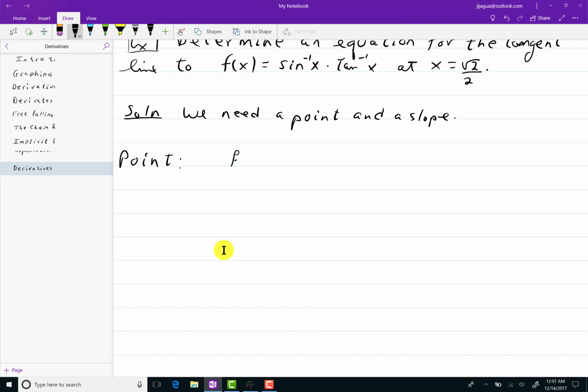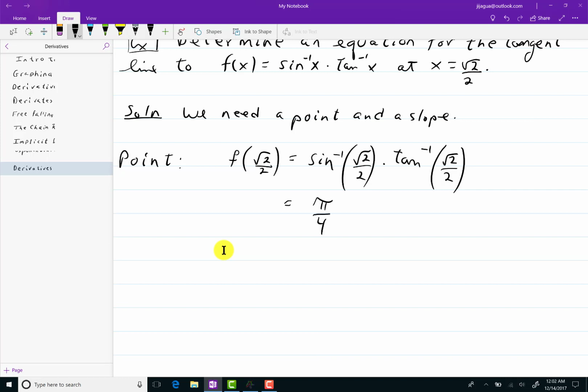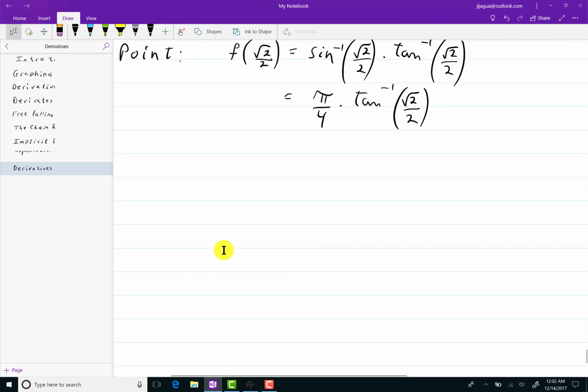We have f of radical 2 over 2 equals arc sine of radical 2 over 2 times tan inverse of radical 2 over 2. You should know that arc sine of radical 2 over 2 is pi over 4. Unfortunately, there is no such number for tan inverse of radical 2 over 2, so I'll just leave it like that. I'm not going to use a decimal or anything like that. That's just going to be my point. I'll reference that in a minute.